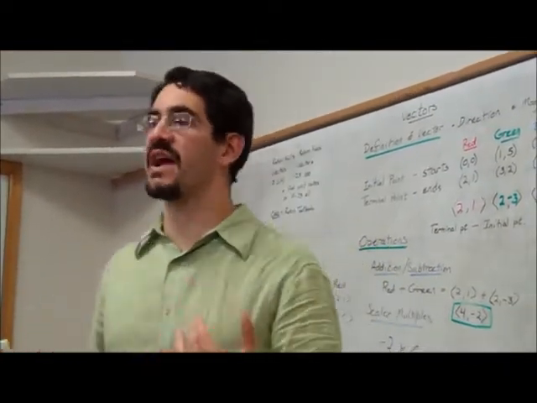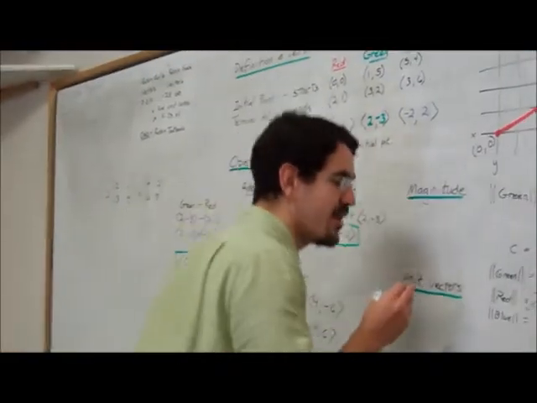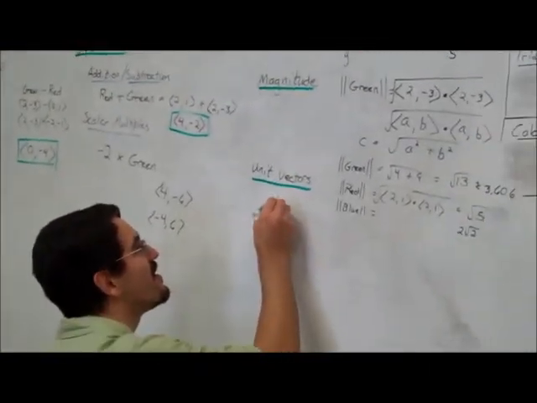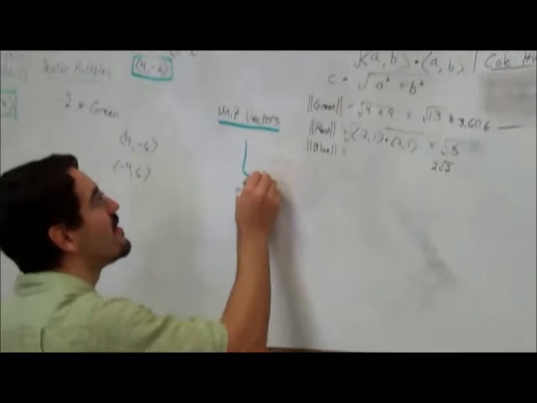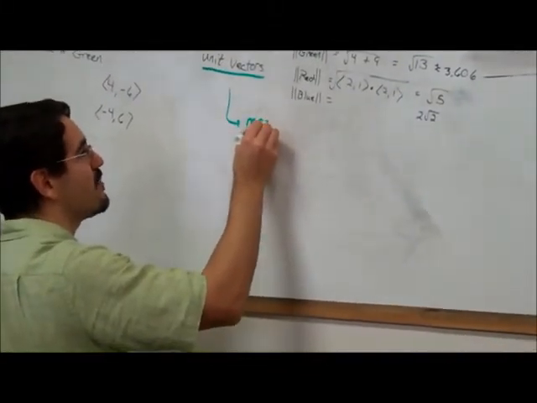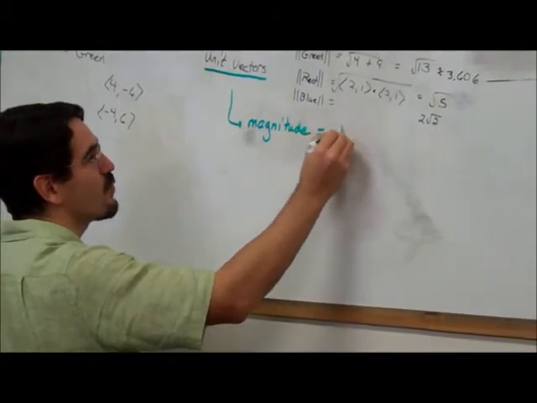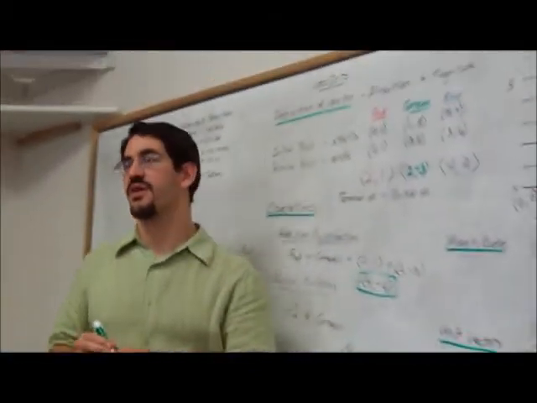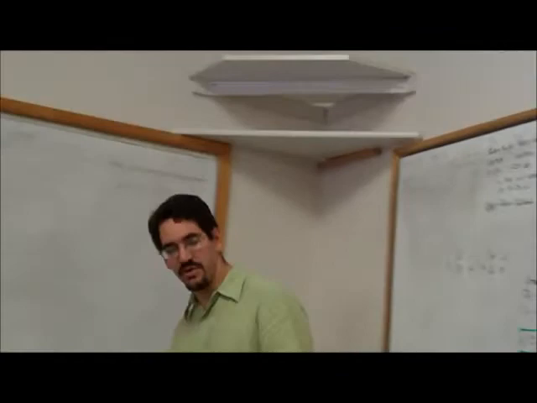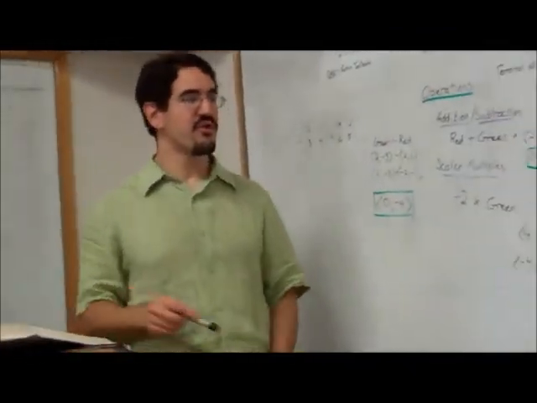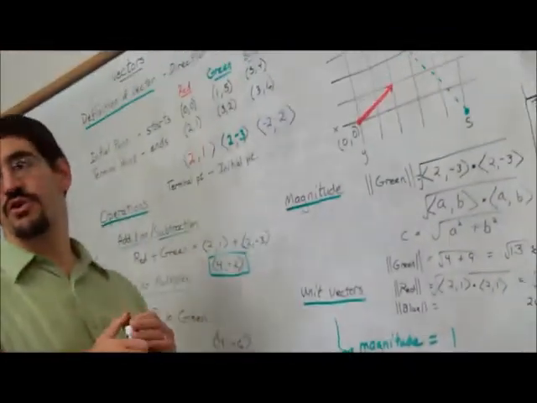So what do you think a unit vector is? A vector with a magnitude of 1. Right. Magnitude equals 1. That's a unit vector. So let's find our unit green vector.